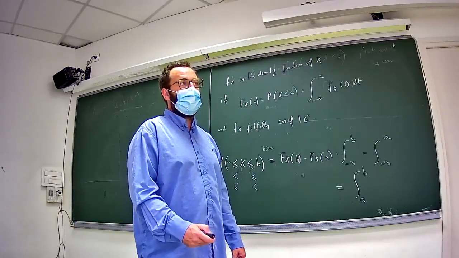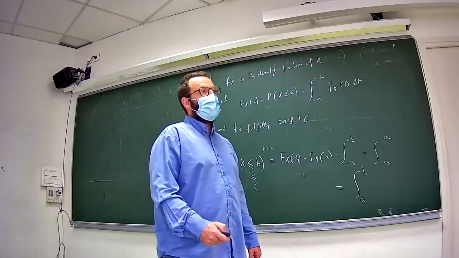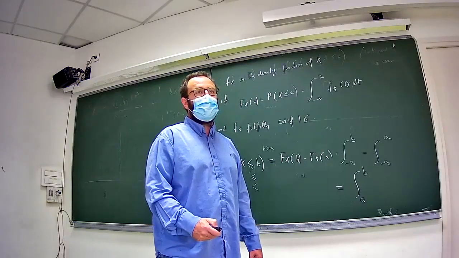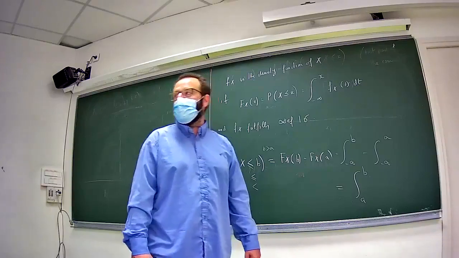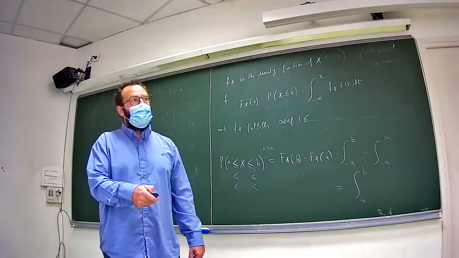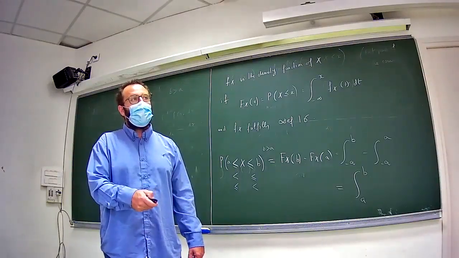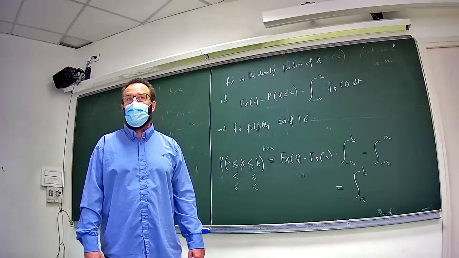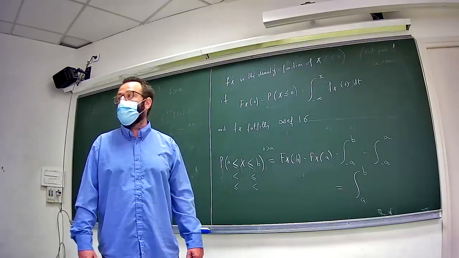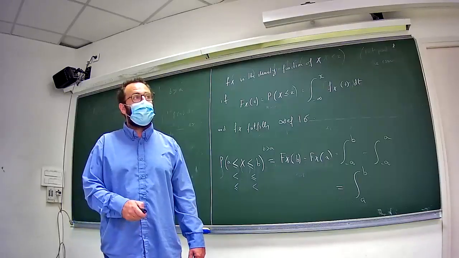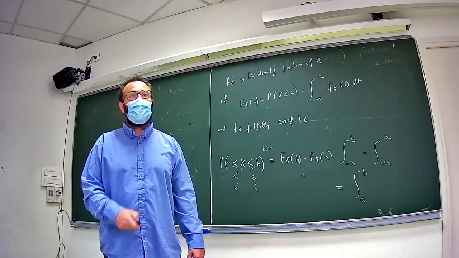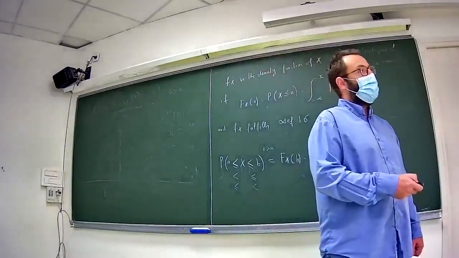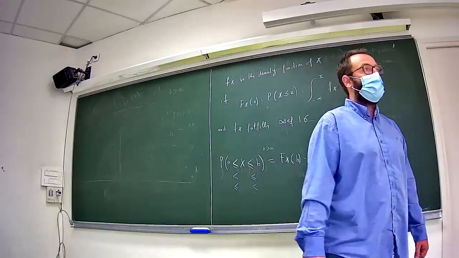Continuous everywhere. I say that if you want to recover the density function from the distribution function, here you have an integral depending on the upper bound. It's a result, I hope you know, that when you compute the derivative of an integral depending on the upper bound, you obtain what you have inside the integral.